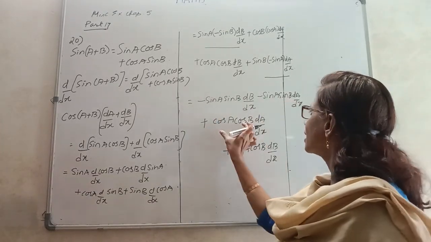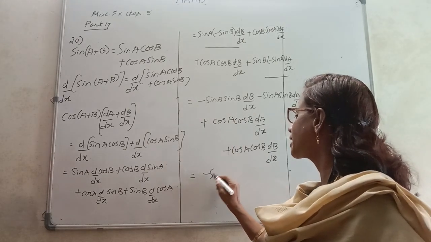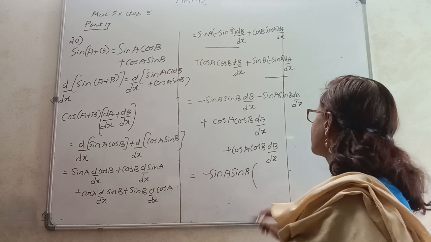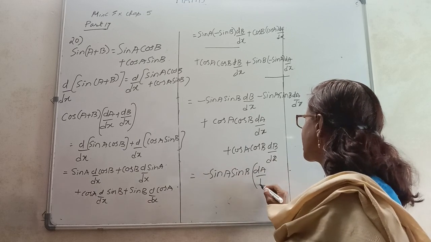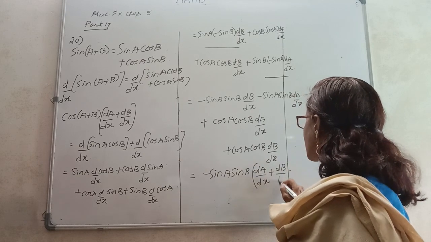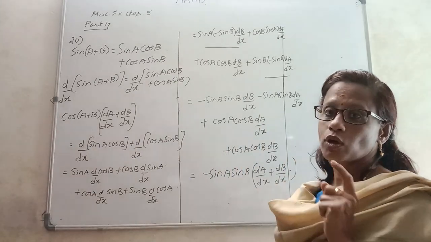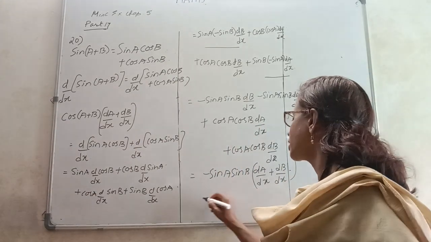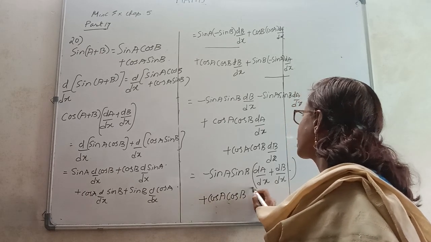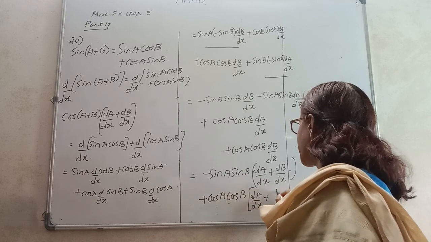These parts are common, so we can take them out. In the first case, taking minus sin A sin B common, we are left with dA/dx plus dB/dx. Similarly, in the other two, cos A cos B is common, and we are left with dA/dx plus dB/dx.